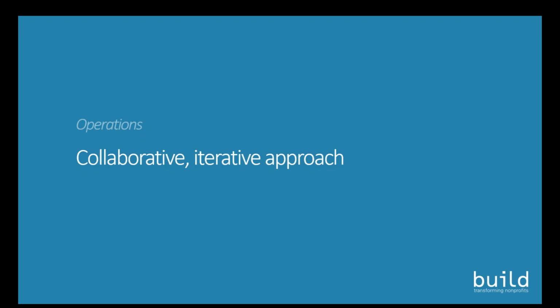Also under the heading of operations, another thing that research studies and our own experience have shown is critical to success is taking a collaborative, iterative approach. This is an approach that's focused on incremental design and implementation processes, and these are most commonly referred to as agile processes.